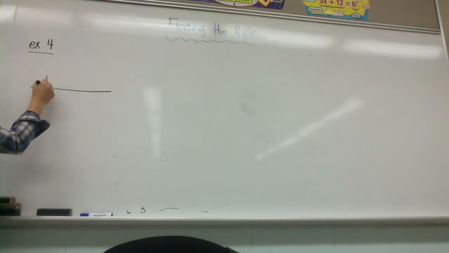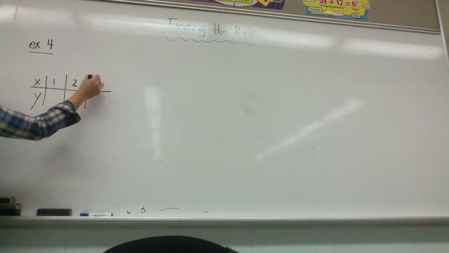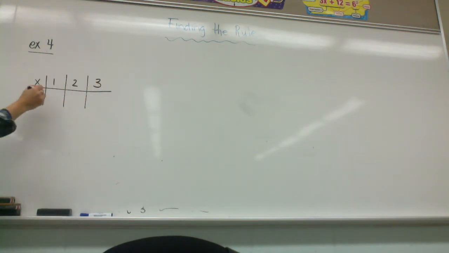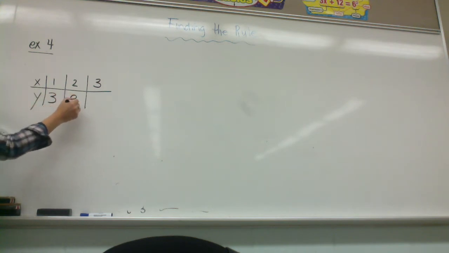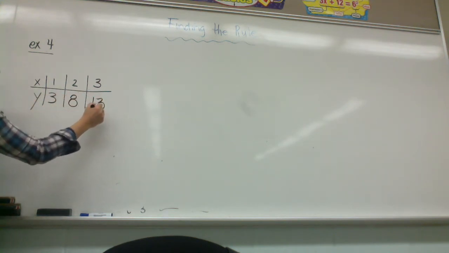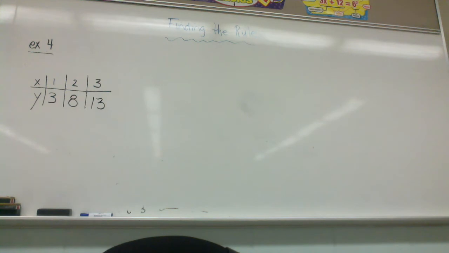So let me give you, again, x and y. I'm giving you a table of values. 1, 2, 3. Let's try 3, 8, and 13. See if you can find this rule.